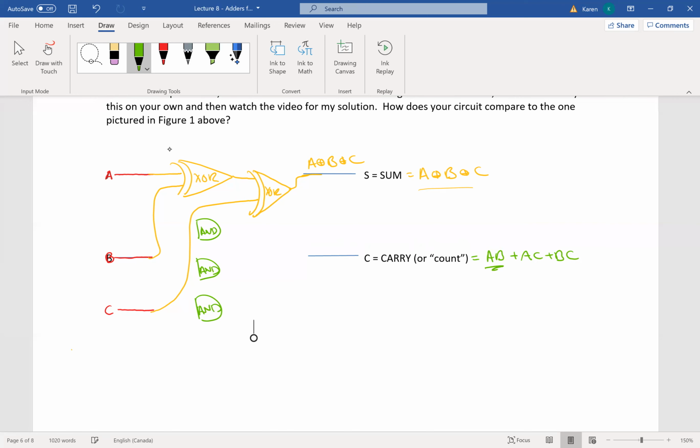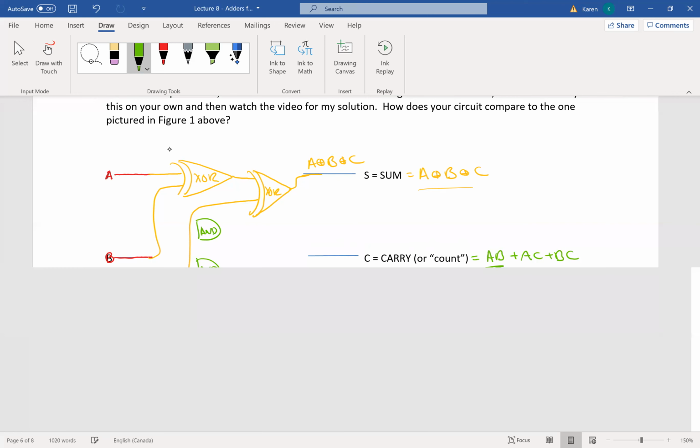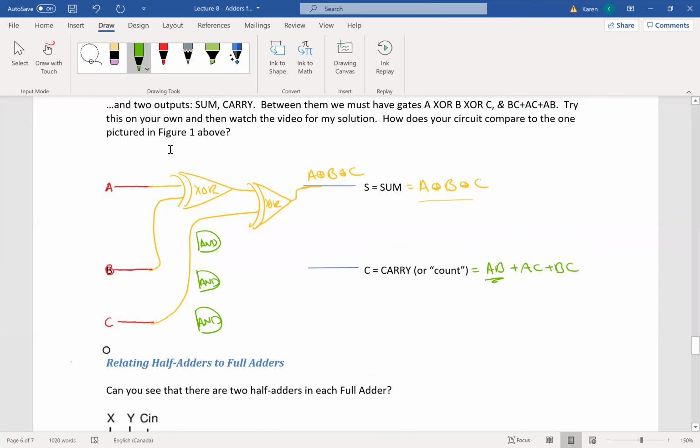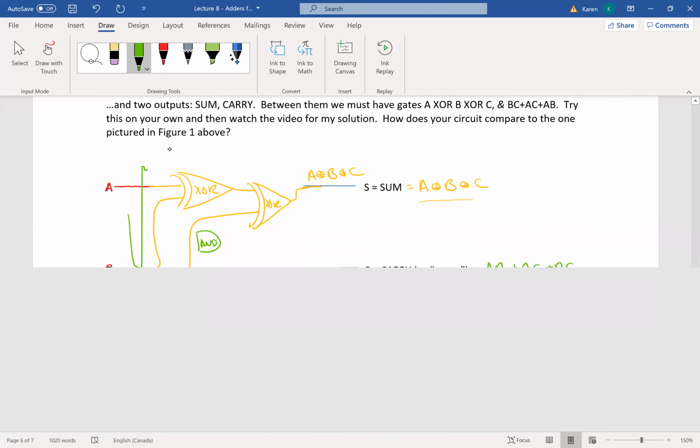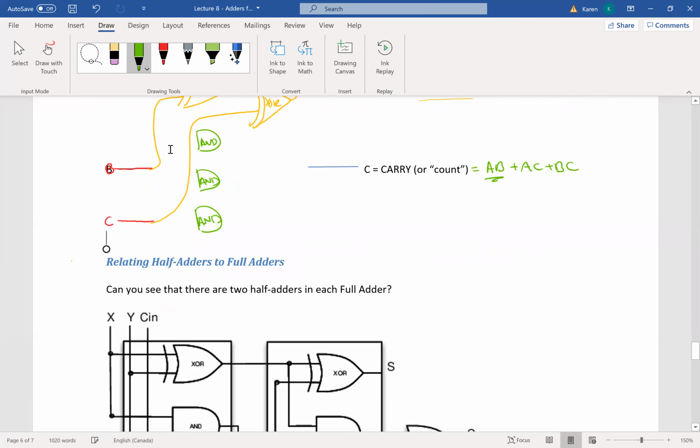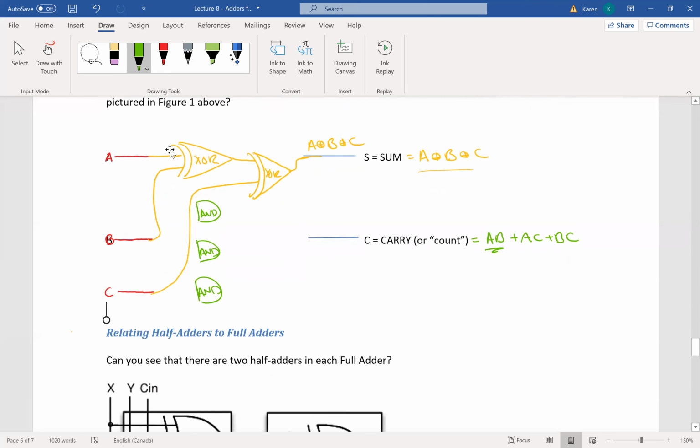We're ANDing A and B. So here comes A. And here comes B. Then we're ANDing A and C. So here comes A. And here comes C. And then we're ANDing BC.